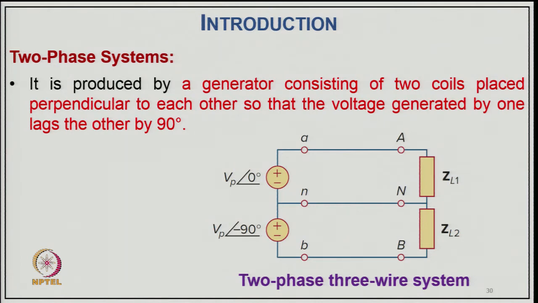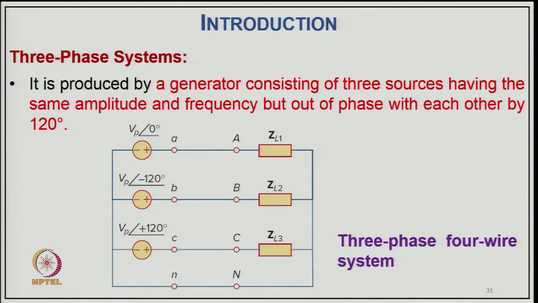So, here you will have less power getting transmitted even using 3 wires, and many appliances have difficulty working with 2 phase. So, finally, in general we adopt the 3 phase supply system, produced by a generator consisting of 3 sources having the same amplitude and frequency, but out of phase with each other by 120 degrees.